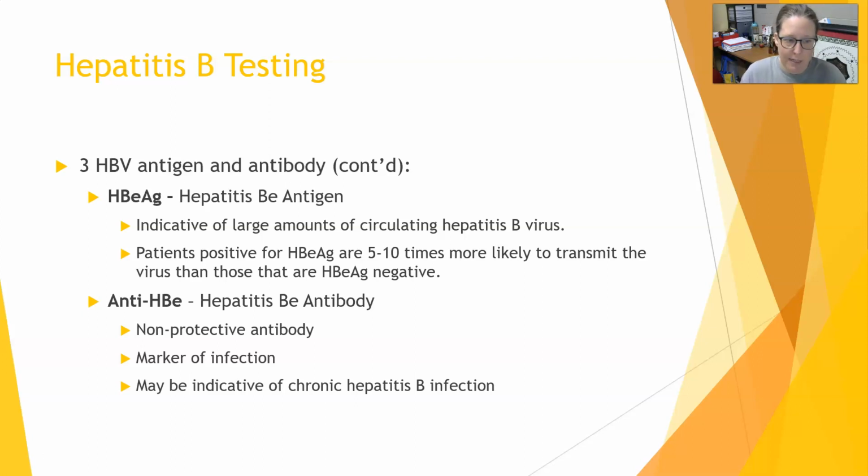The anti-hepatitis B E antibody is a non-protective antibody also. It is also a marker of infection, just like the anti-hepatitis B core antibody, and it might be indicative of a chronic hepatitis B infection.